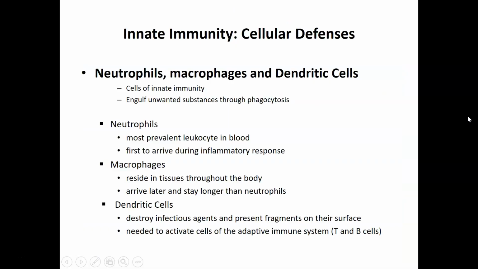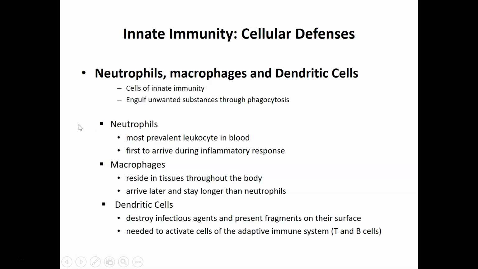First on the list for cells are neutrophils, macrophages, and dendritic cells. So what's common between all of these is that they are types of phagocytic cells. If they encounter a pathogen, they can engulf it, internalize it, and break it down. There are some subtle differences between them.